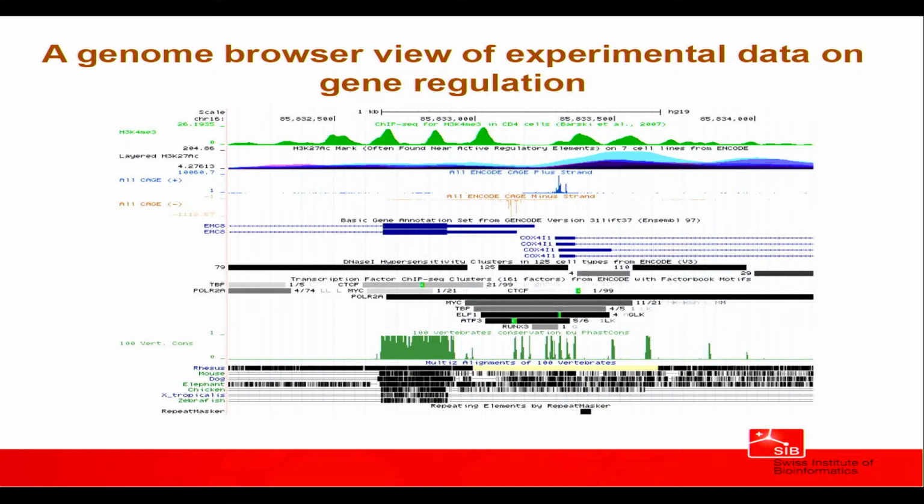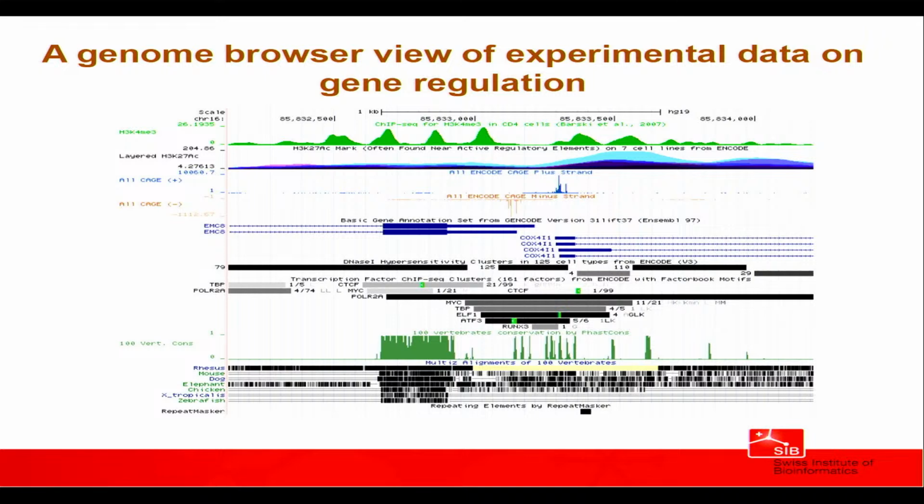The gene on the left side is transcribed in the opposite direction. So we have two promoters, and between the two promoters we have a bidirectional promoter. That is a typical regulatory, not really a regulatory region, but it's the region that interacts with the regulatory region.